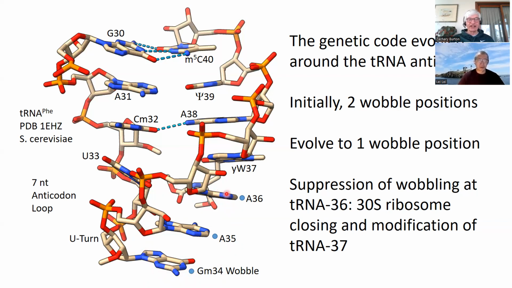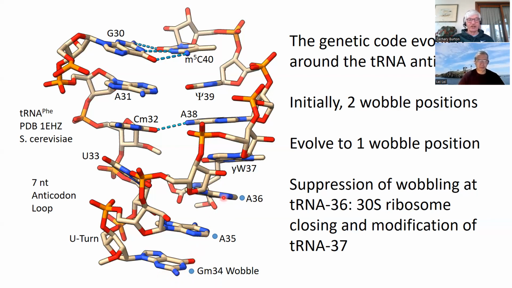When you lock this down by this modification and by the conformational change in the ribosome, now you have four possibilities there, four there, and two there. So 4 times 4 times 2, that's 32. So you expand from 8 amino acids potentially to, I don't know how many amino acids, fewer than 32.